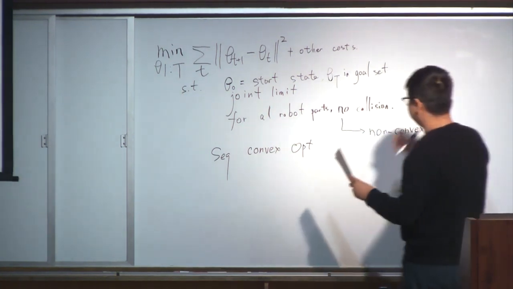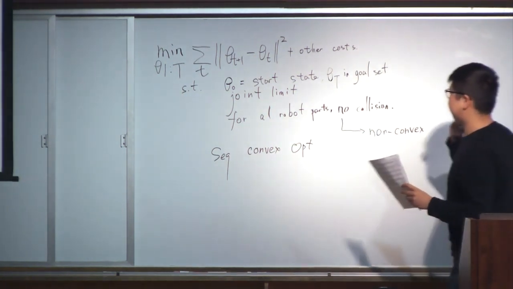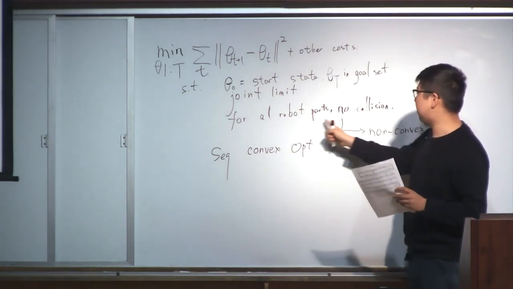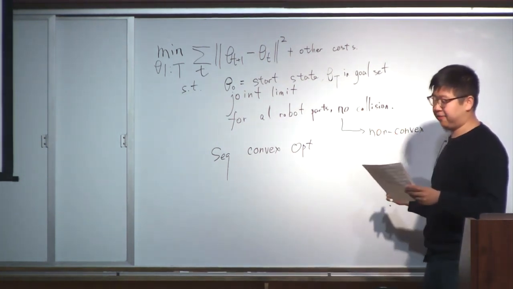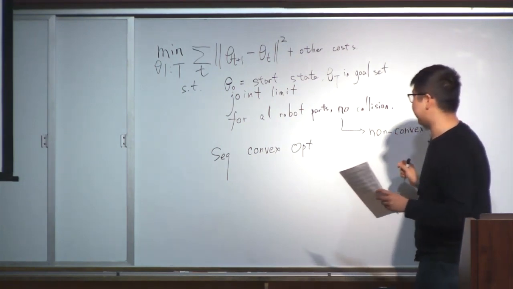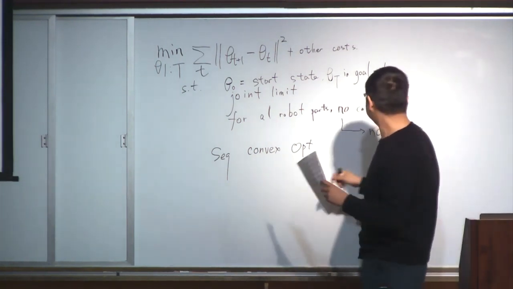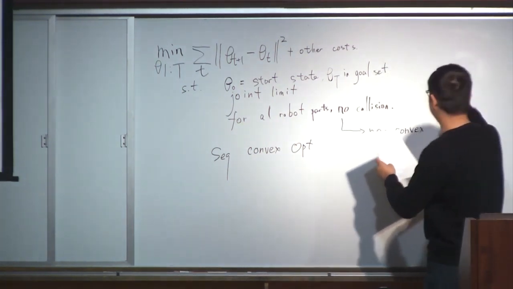Looking into detail at this constraint, for all robot parts, there is no collision. We can define what is collision, and here we want to draw something.